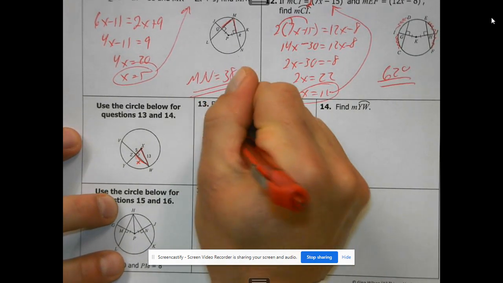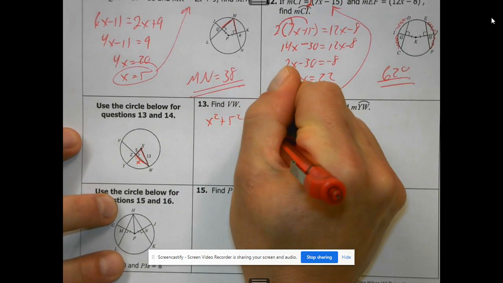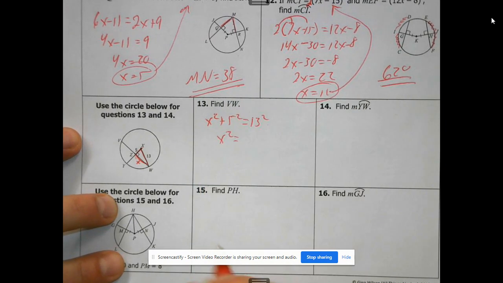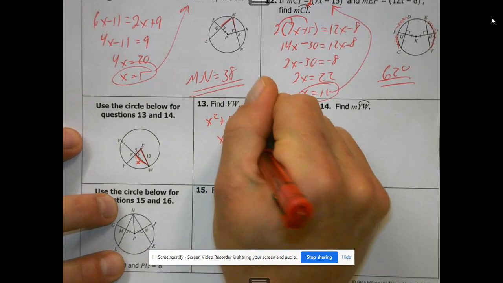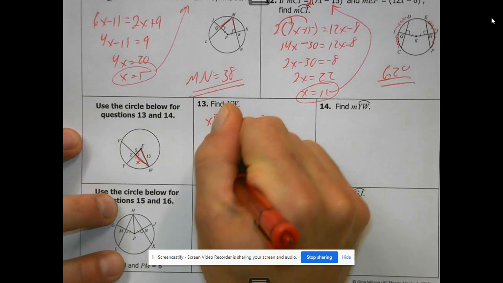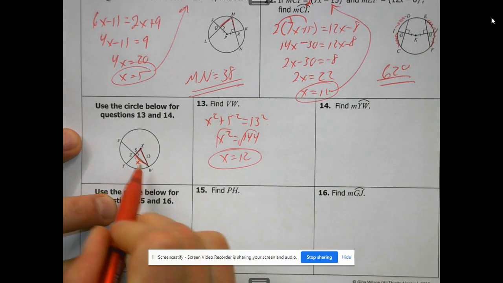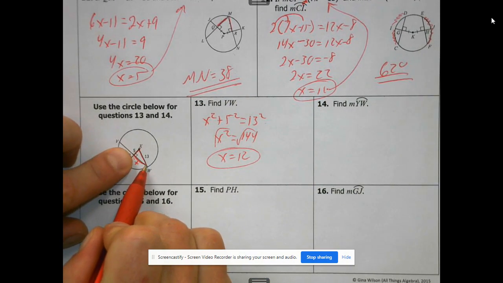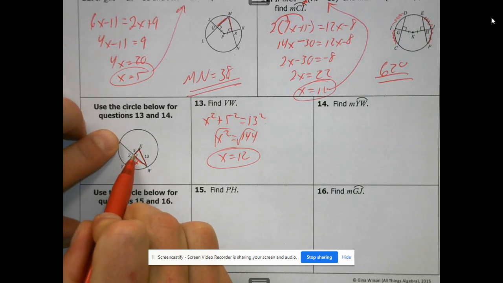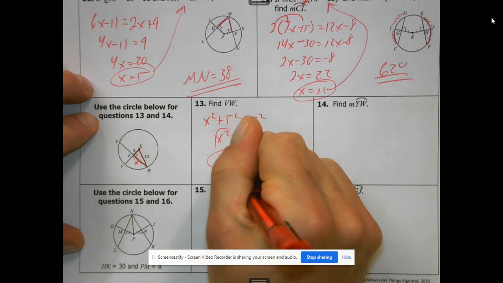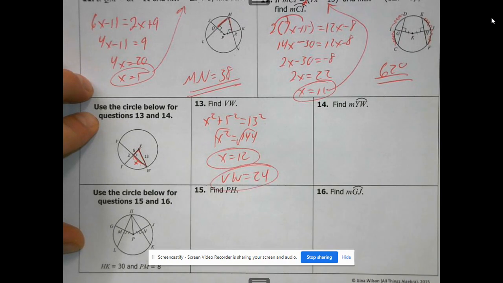X squared plus 5 squared is 13 squared. Subtract over 5 squared to get 144, square root. Now, if this piece is 12, this piece is also 12. So 12 and 12, V to W would have to be 24.